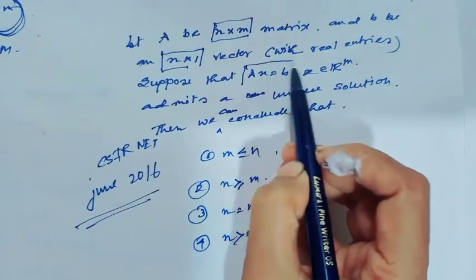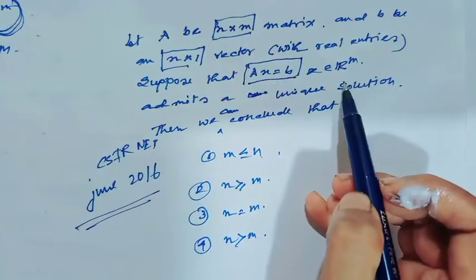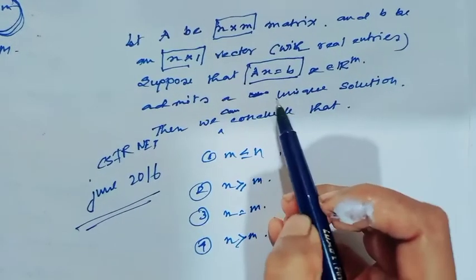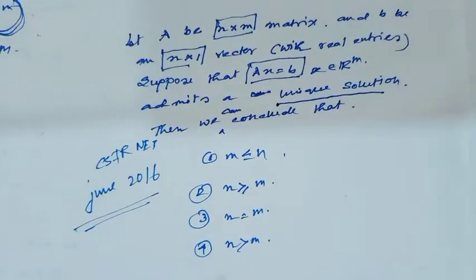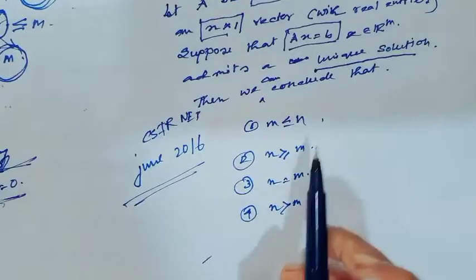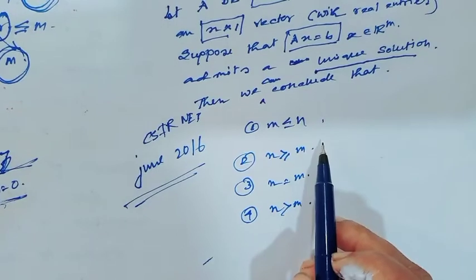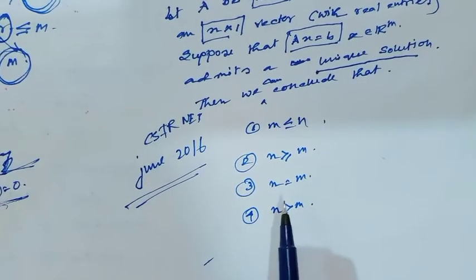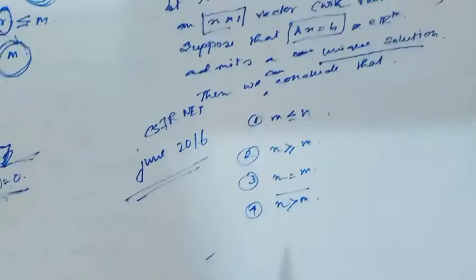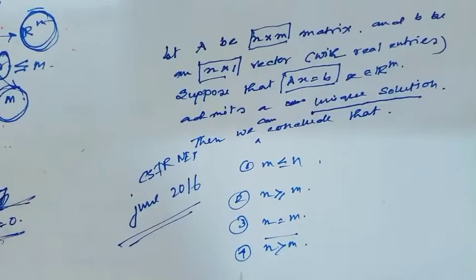Suppose that Ax equal to B, where x belongs to Rm, admits a unique solution. Then we can conclude: option 1, m less than or equal to n; option 2, n greater than or equal to m; option 3, n equal to m; and option 4, n greater than m.